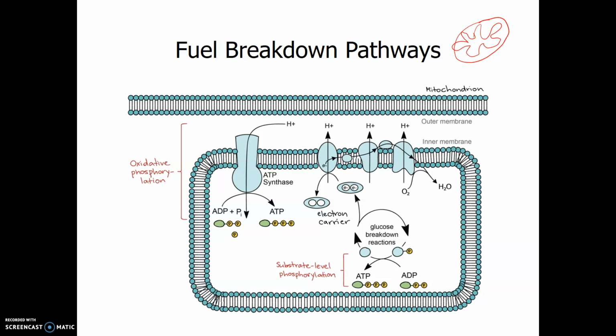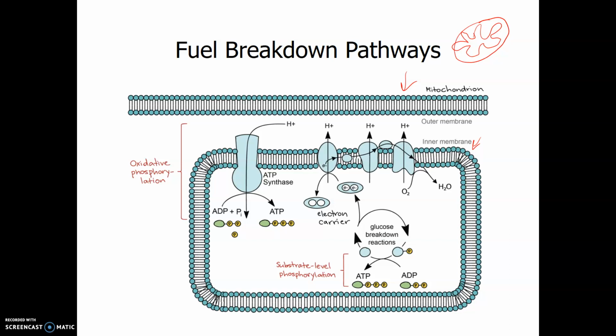It's not showing you that inner membrane folded here, but both of the membranes are composed, as you can see here, of a double layer of phospholipids, a phospholipid bilayer. And the reactions of cellular respiration occur mostly inside the mitochondrion in our cells.